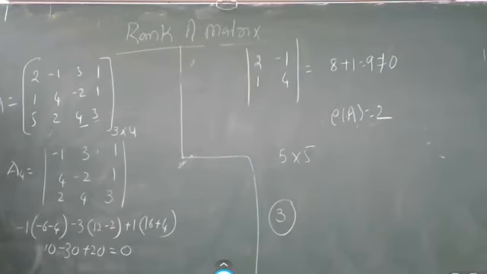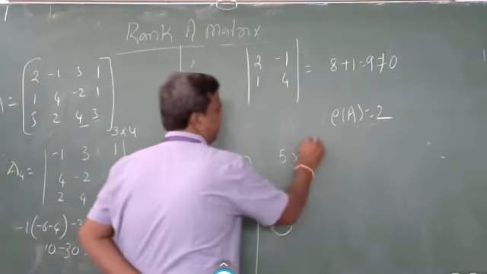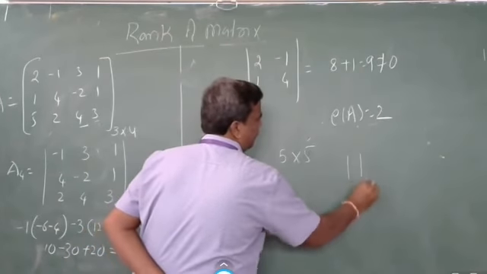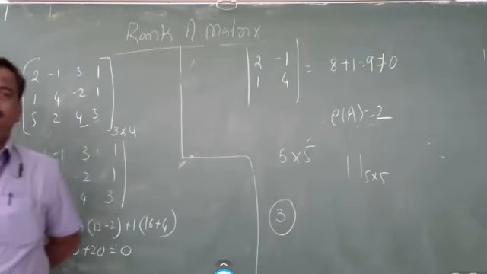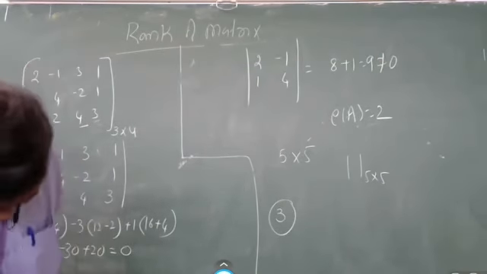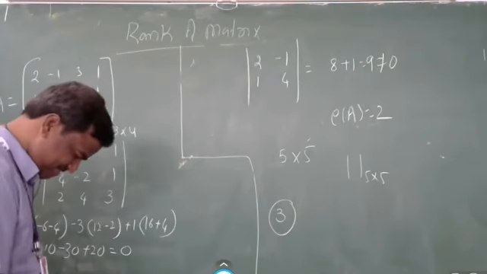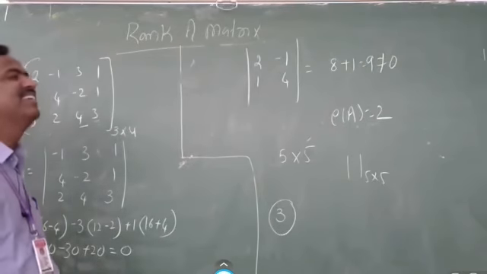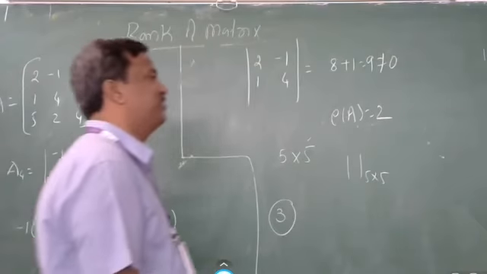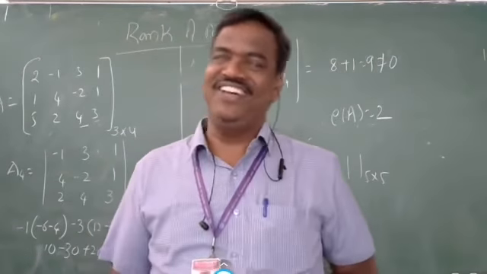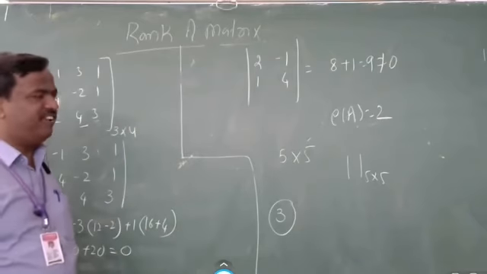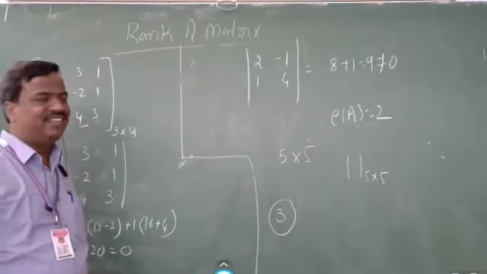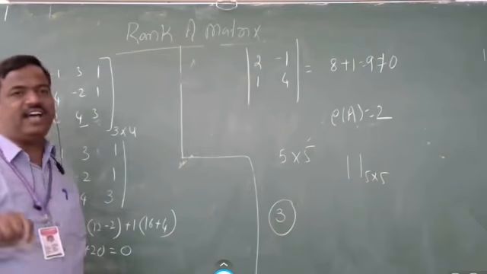Then first you need to find the determinant of 5 by 5. Is it possible? Yes, it is possible. Determinant of 5 by 5 is also possible, but it takes a long time.